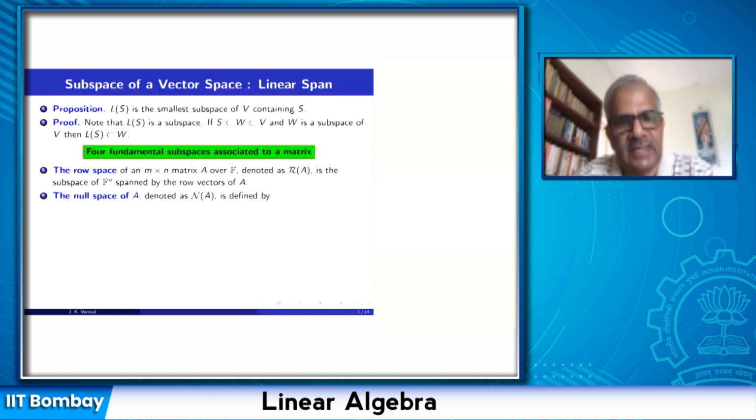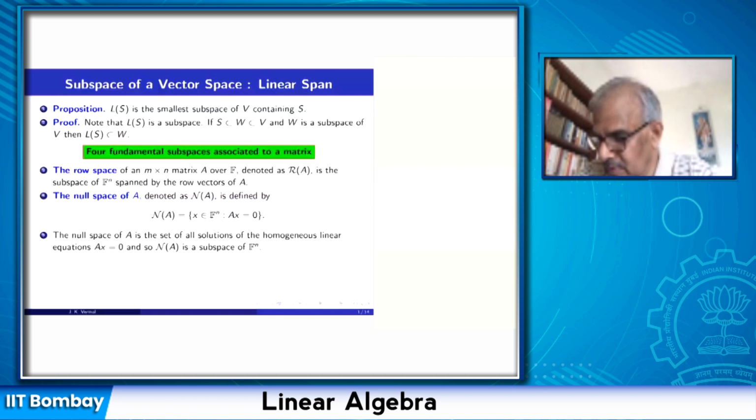Given a homogeneous system of linear equations Ax equal to 0, the solution set is the null space of the given matrix. We know how to solve systems of linear equations: we apply row operations, convert A into row echelon form or row canonical form, and do back substitution.